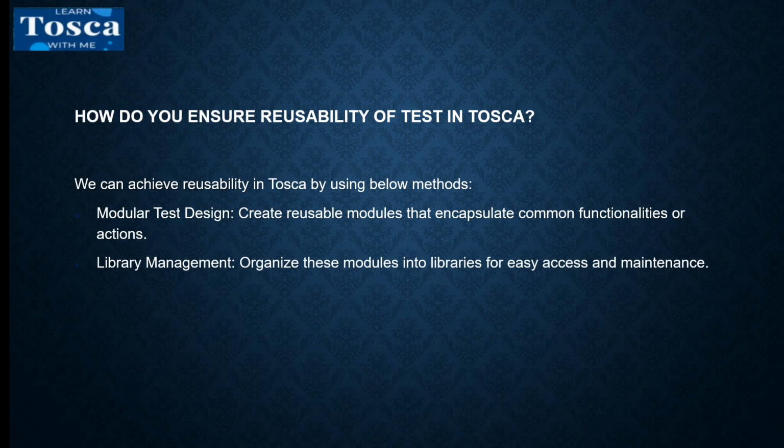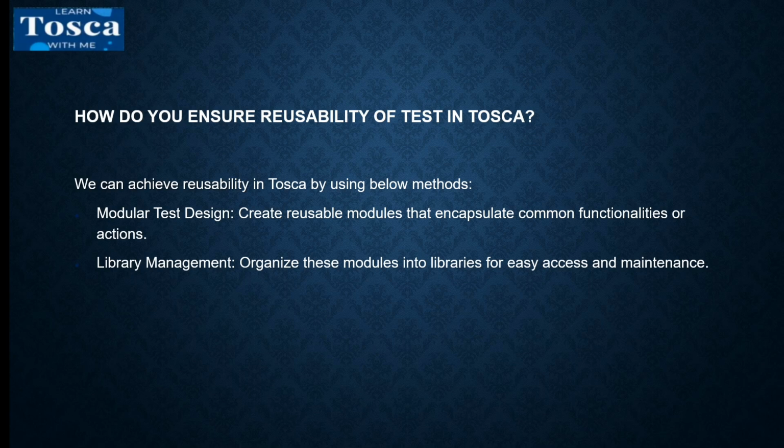In your application, whenever you see some set of steps getting repeated in all the functionalities, all the scenarios, instead of writing it again and again, you can convert those 3 or 4 steps into a library.